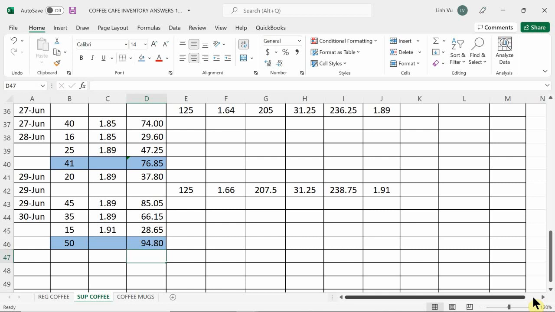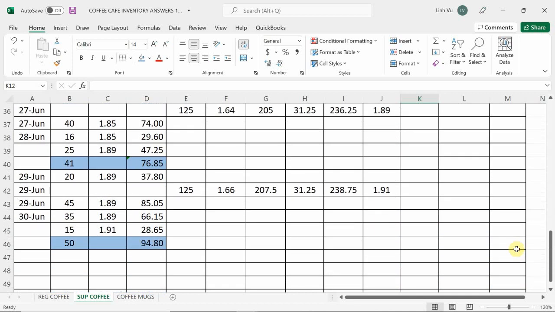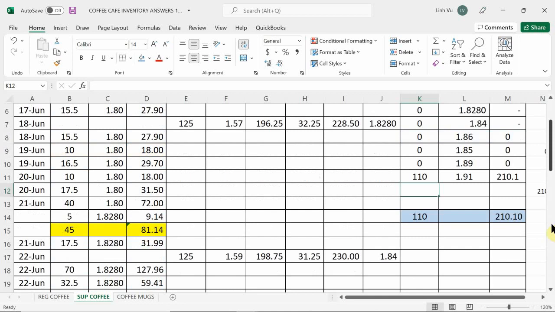Okay. So let's go ahead and update our inventory. We got rid of the 35 here. And then we had 125 minus 15, gives us 110 at 210.10. Hold on. 210.10. What was it before? Was it 75?